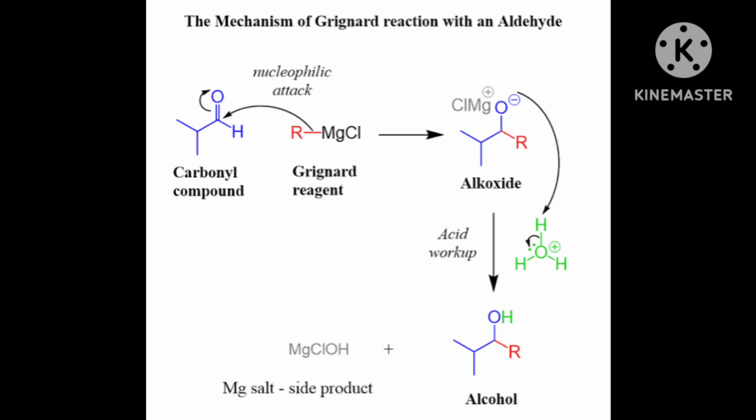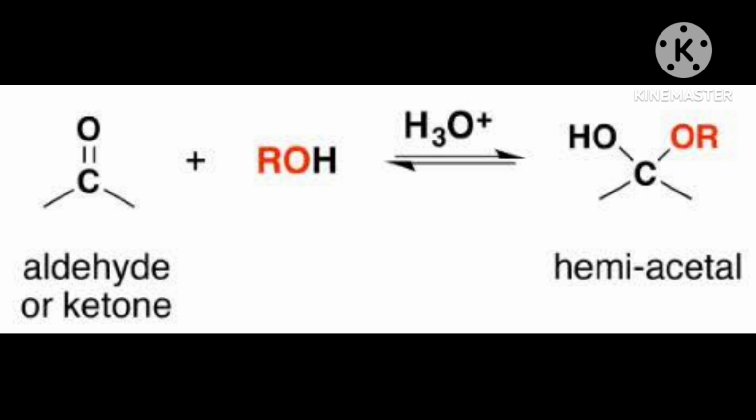Then ROH: the O-H bond will break, forming alkoxide RO minus and H plus, and they will join with the opposite charge. OR will join to the positively charged carbon of the aldehyde. This is called hemiacetal, and H will join to the negative oxygen.